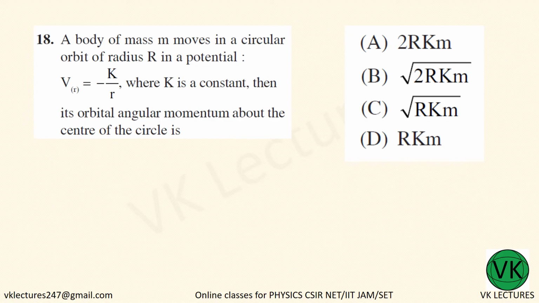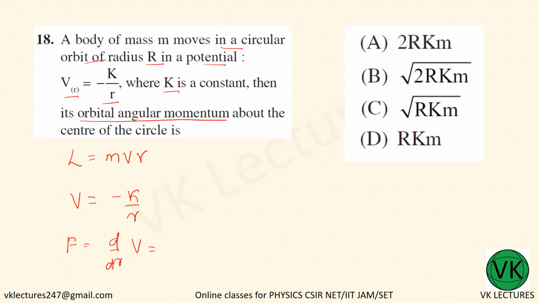A body of mass m moves in a circular orbit of radius r in a potential v of r equal to minus k by r, where k is a constant. Then orbital angular momentum about the center of the circle. So orbital angular momentum L is nothing but m v into r. Now what is given to us is v equal to minus k by r. What is force? D by dr of v.